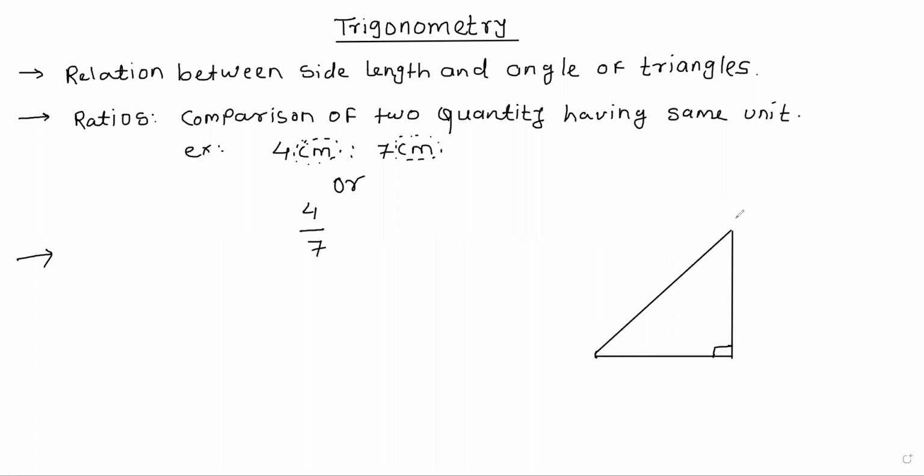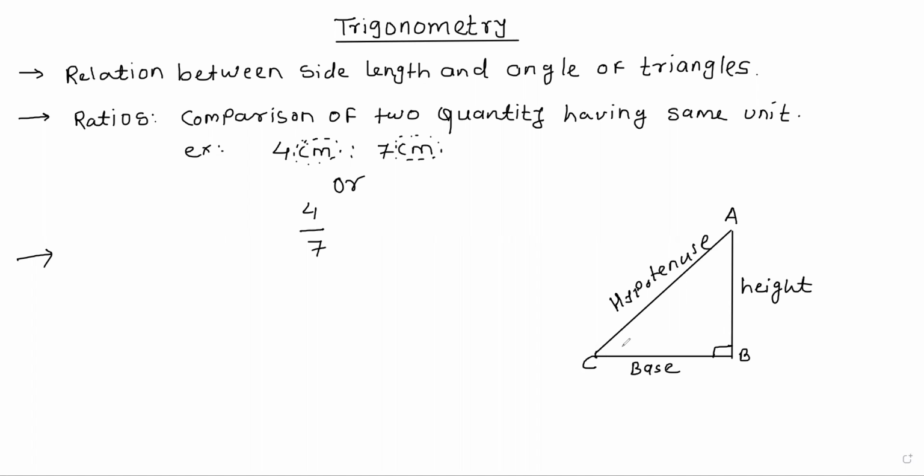This is a 90-degree angle, so name it A, B, C. As a property of the triangle, the side opposite to 90 degrees is the hypotenuse, and of the other two sides, one of them is the base and the other is the height. We can consider AB as the base and CB as the height.